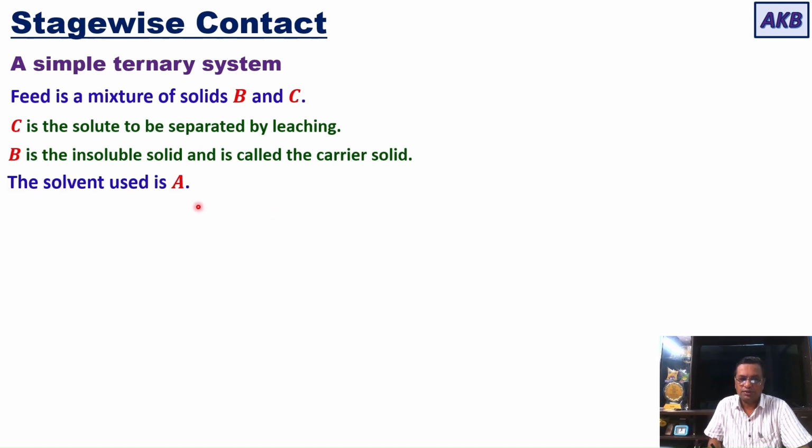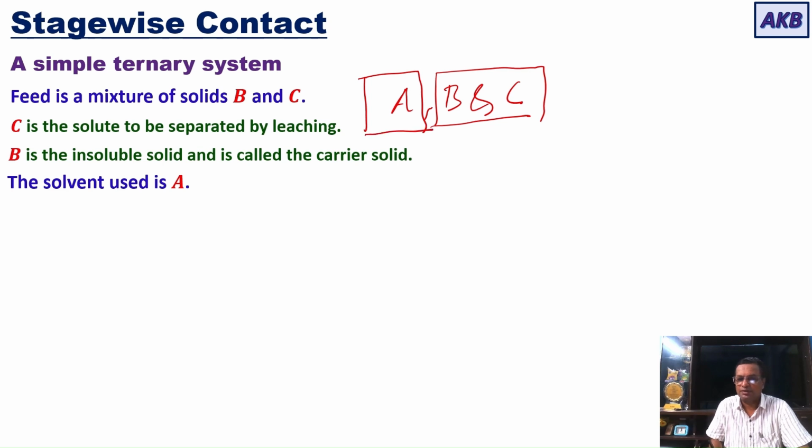The solvent used in this case will be denoted by capital A. So you have a system of three components, A, B and C. This is the feed mixture and it is contacted with the solvent.